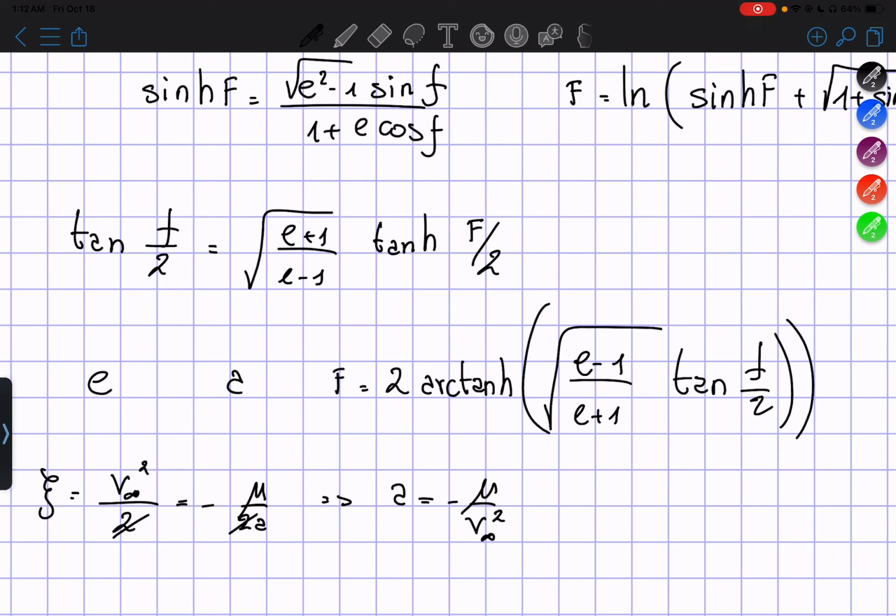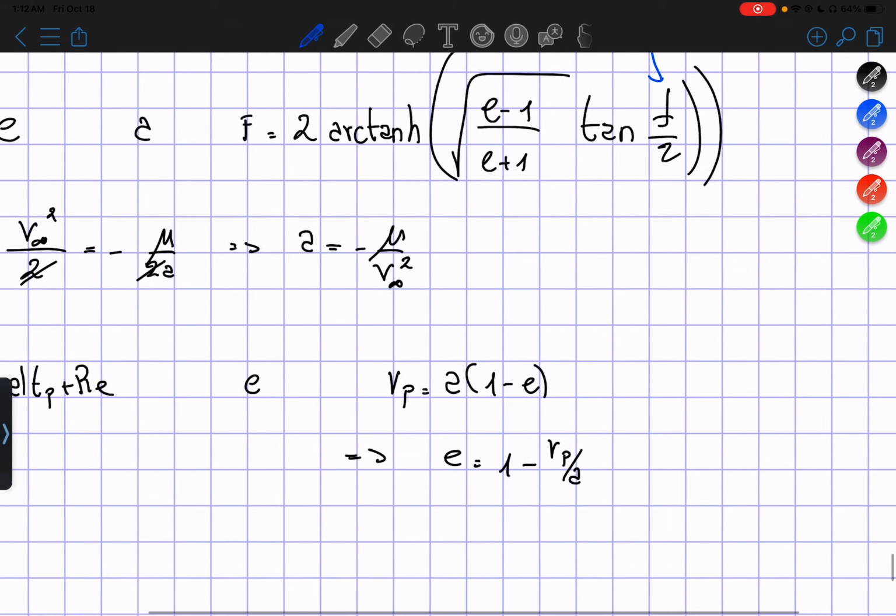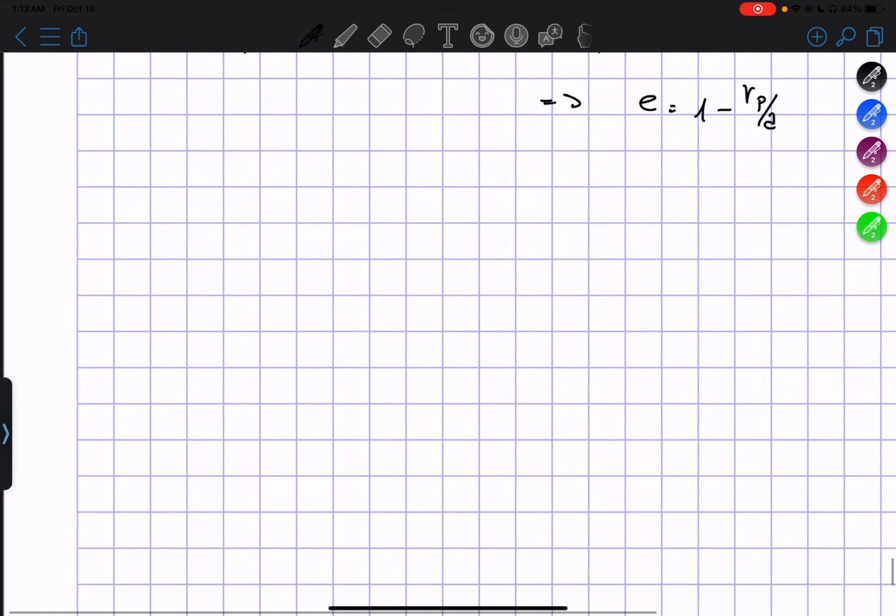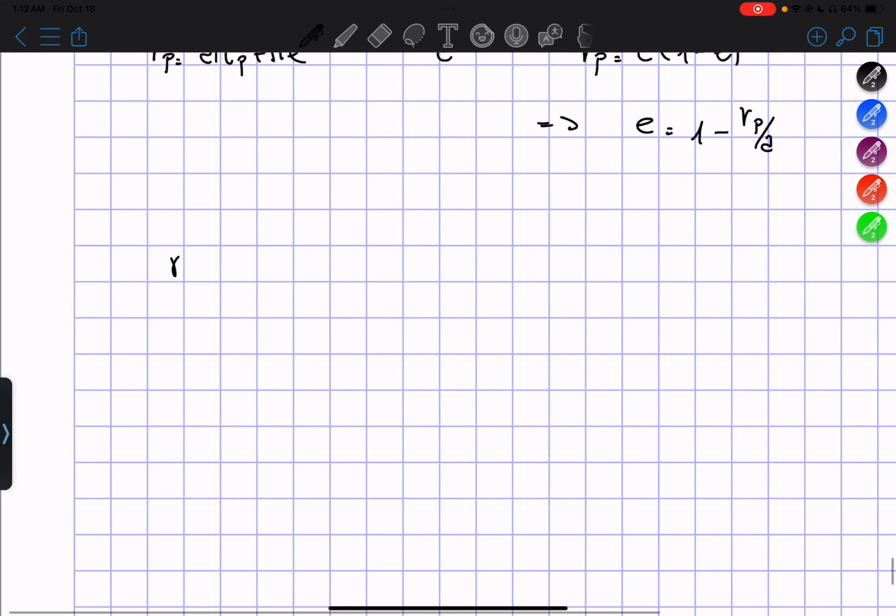Time from perigee, of course, F will be 0 to the time that it leaves. We haven't found the angle where it leaves, so we can find it because we said R is equal to P divided by 1 plus E cosine of F. F where it leaves. We have E, we have R, we need P.